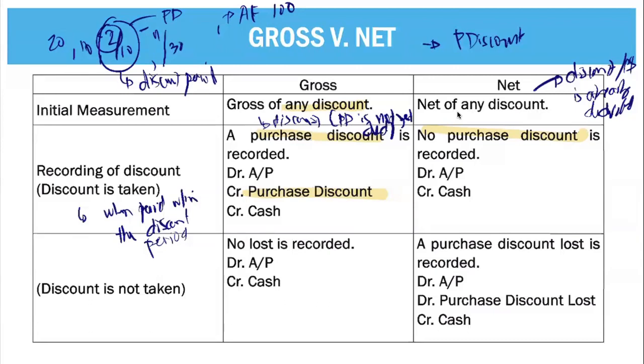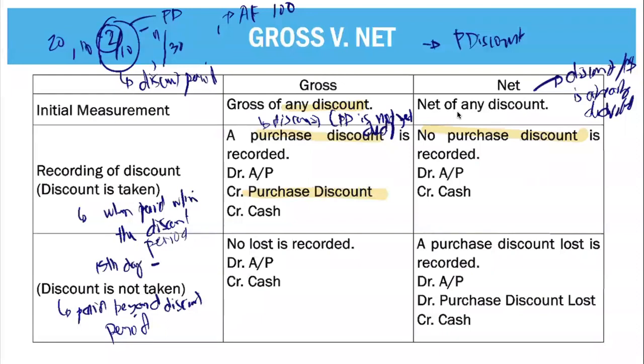How about if discount is not taken, meaning paid beyond discount period? Okay? What if it is paid beyond discount period, meaning discount is not taken? So in our example, 2/10, for example, you paid on the 15th day.